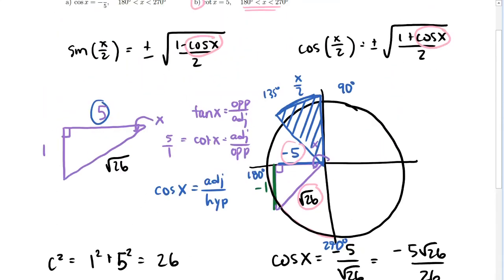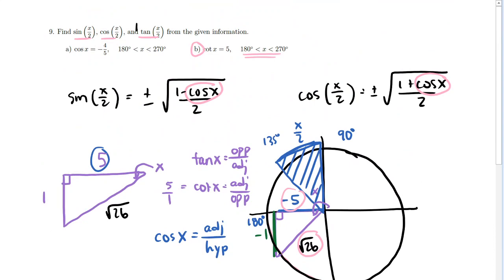One thing we haven't done is evaluate tangent of x over 2. Our values are pretty messy here. I wouldn't give you something so messy on a test, so for the sake of time, let's not evaluate tangent of x over 2. Just know that you would take your sine value and divide it by your cosine value.